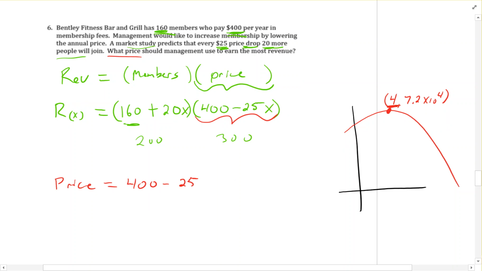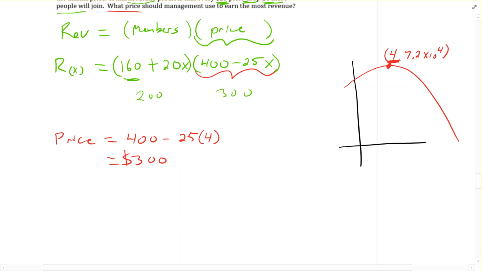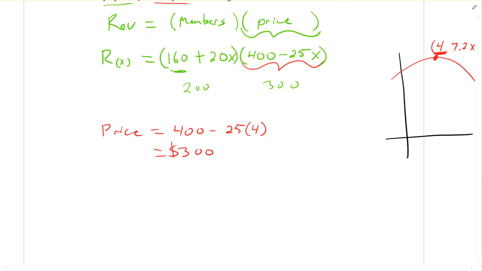Sorry, not the price, the X value, how many times it changed. That was 4. So it's going to be 25 times 4, which is equal to 400 minus 100. That's $300. Okay, hopefully you guys are doing all right with that.